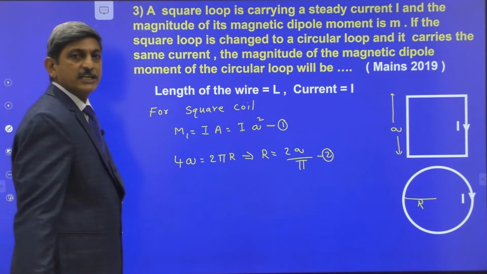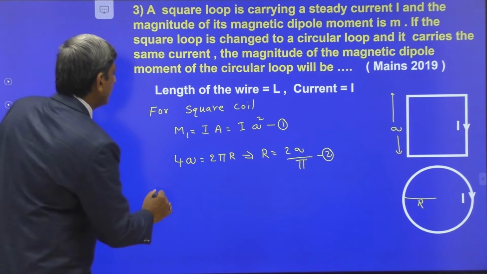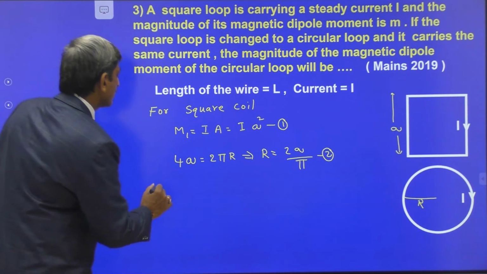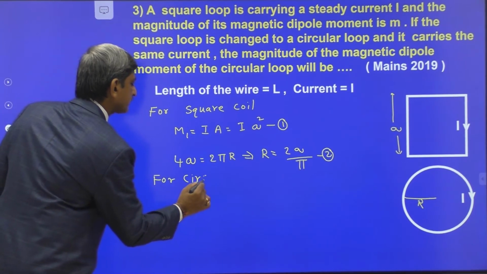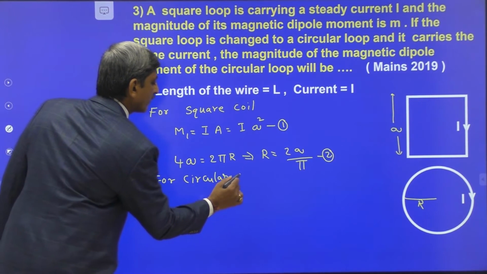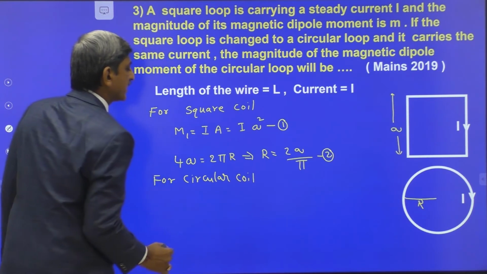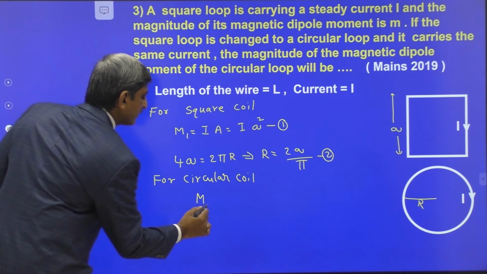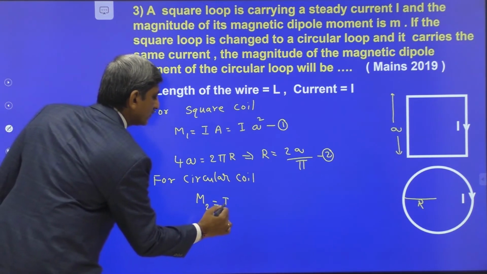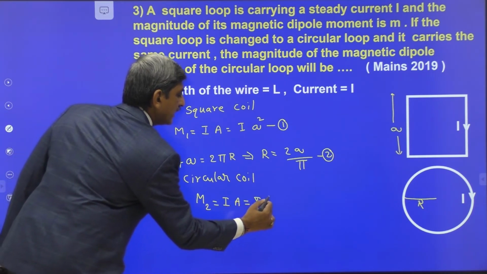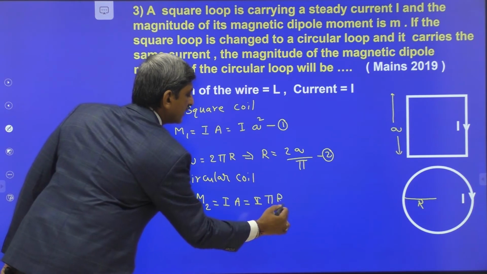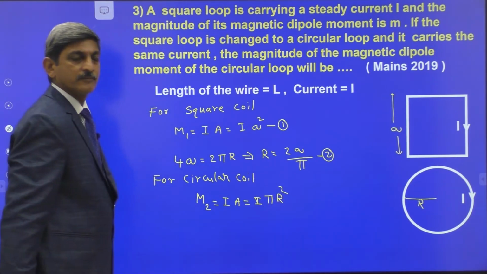Now, using that radius, we can determine the magnetic moment of the circular coil. For the circular coil, the magnetic moment is given by M2 is equal to IA, which is equal to I times pi r square.